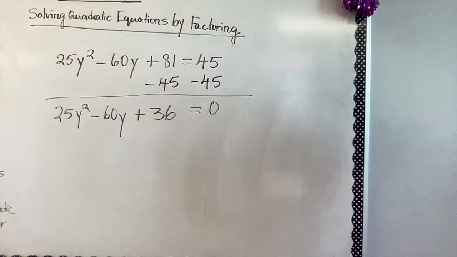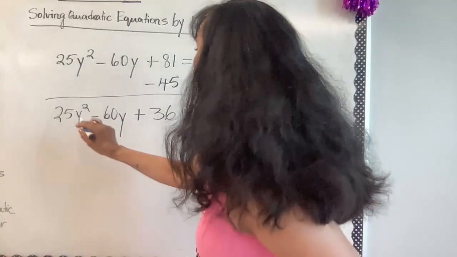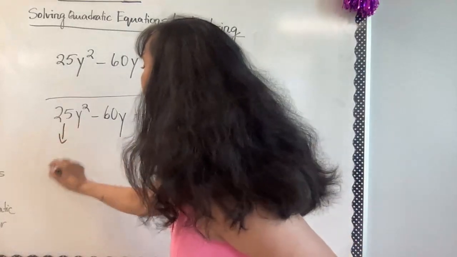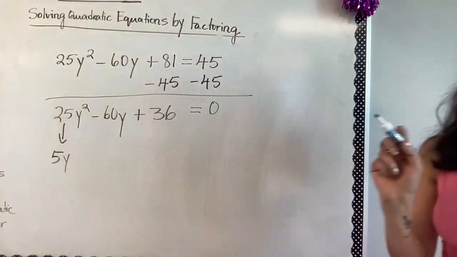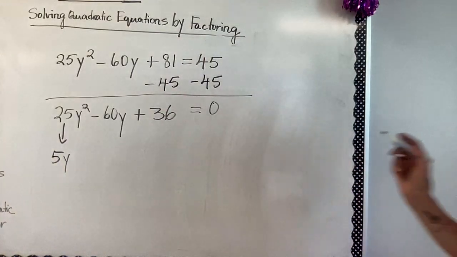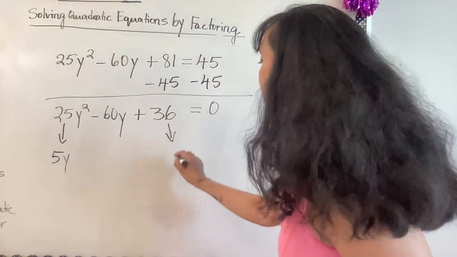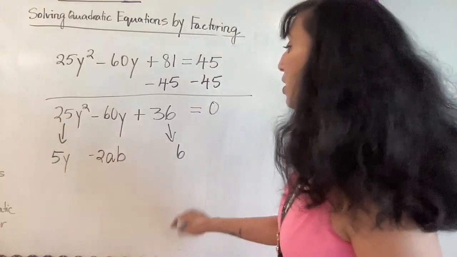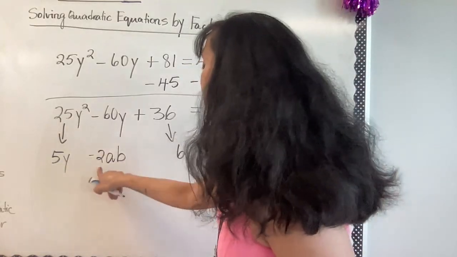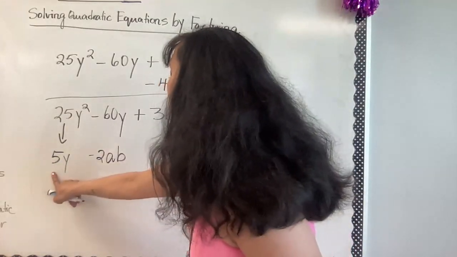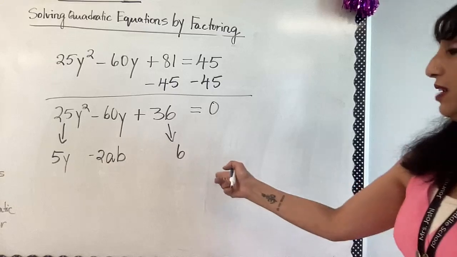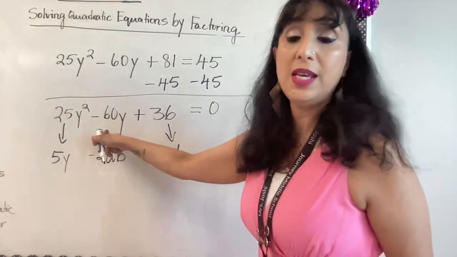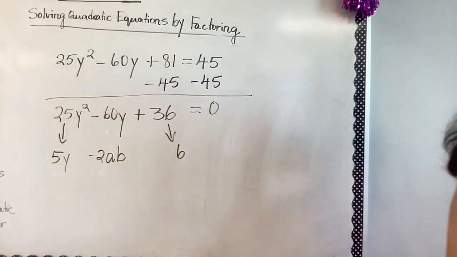Okay, then I look at this, what is the square root of 25y squared? This gives me 5y, right? What is the square root of 36? It is 6. Minus, so 2 times, negative 2 times 5 is going to give me 10, and times 6 is going to give me negative 60. So yeah, this is definitely a perfect square trinomial over here.